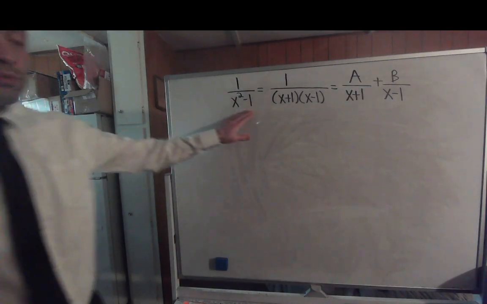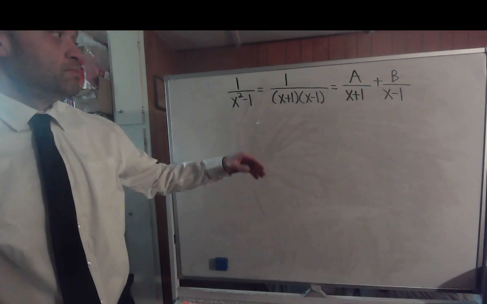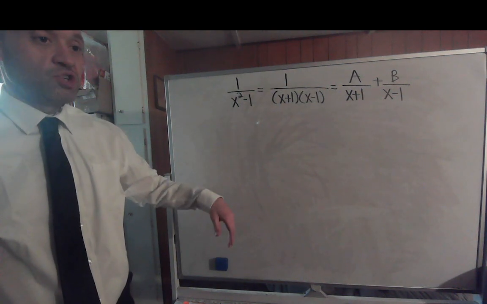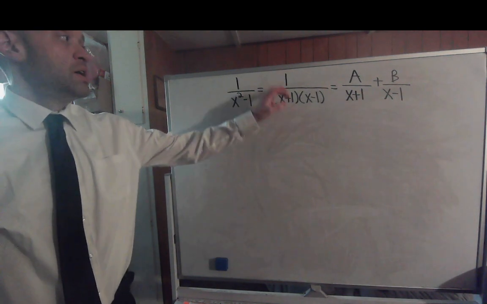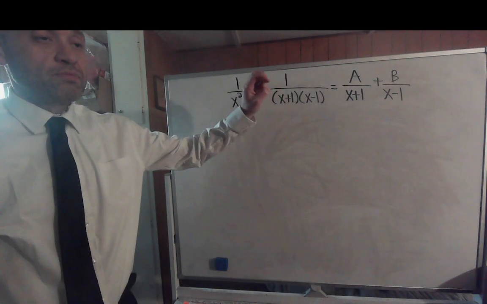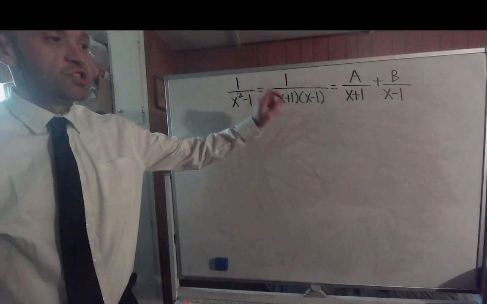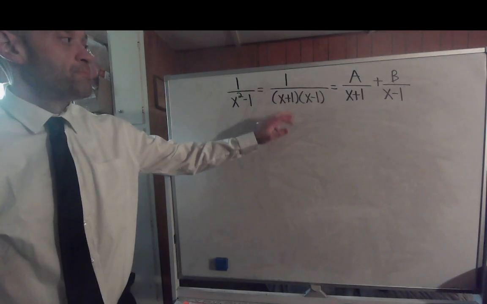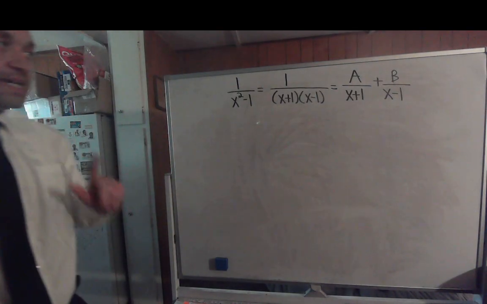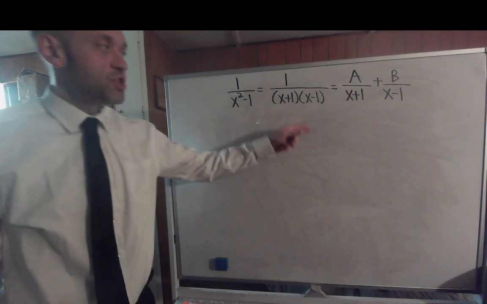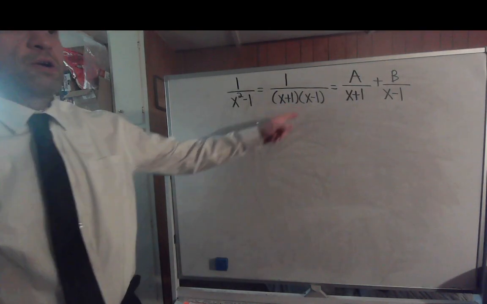Well, that x squared minus 1, as we know, is a difference of two squares, which factors into the product of two linear factors. Well, the idea is you have two factors in your denominator.